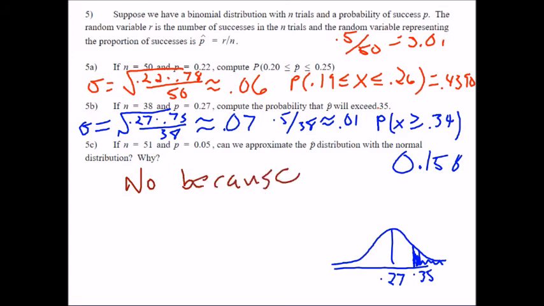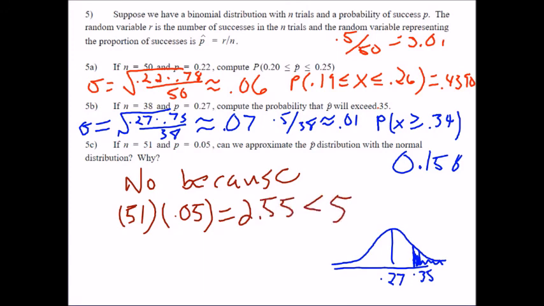If we do n times p, so 51 times 0.05, we get 2.55, which is less than 5. For us to be able to use the normal distribution to approximate, np has to be greater than 5 and nq has to be greater than 5. And already np is less than 5, so we cannot use that to approximate.